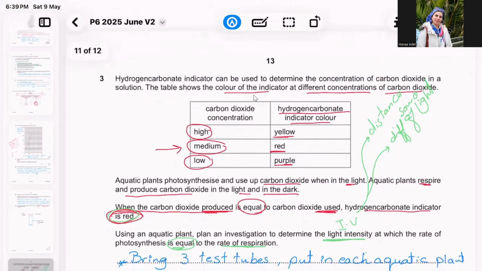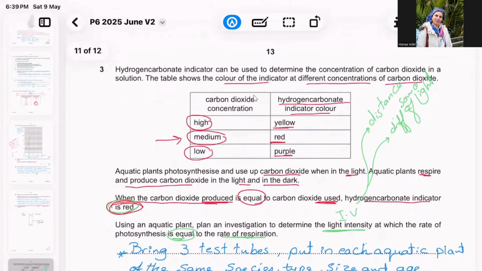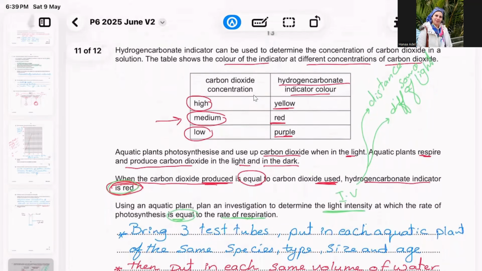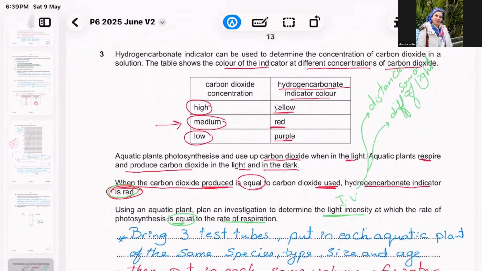Firstly, we have to bring 3 test tubes, and put in each an aquatic plant of the same species, same type, same size, and same age. So this is some of the controlled variables.